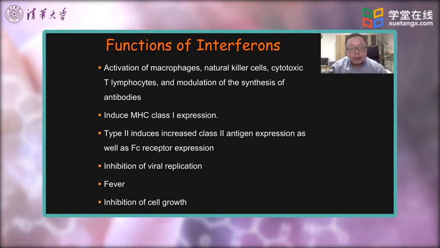Basically, they modulate both innate antiviral defense as well as adaptive immune responses. They can induce MHC class 1 molecule expression, which I'll talk about later. And type 2 interferons can induce MHC class 2 antigen expression, as well as the antibody receptor. All this helps the adaptive immune responses.